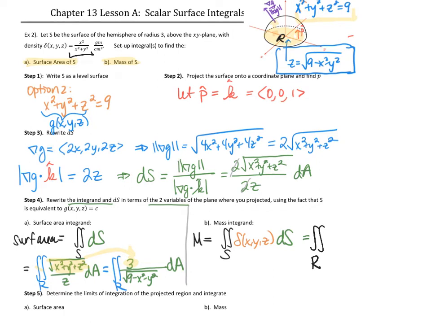So I can just replace that here with x squared over x squared plus y squared. And then ds is replaced just like we did over with the surface area with 3 over the square root of 9 minus x squared minus y squared dA. All right, so now we're ready to set up bounds.